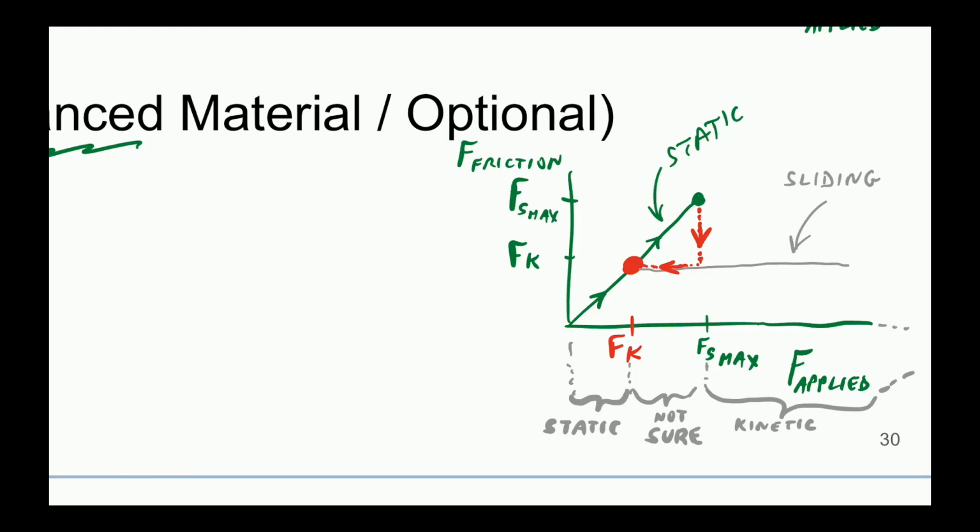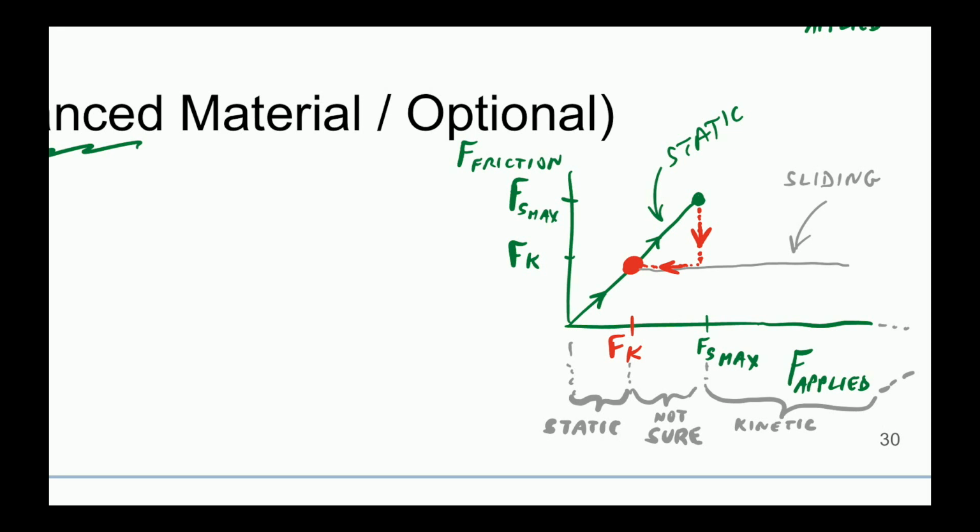What we did in the lab, I've never shown you this, but the action in the lab when you did kinetic friction was you gradually pulled up harder and harder. You were on that green line that I have labeled static up until you reach the point of maximum possible static friction. Then what we never showed you, and read carefully the axis names here, force of friction versus force applied, what happens is the thing starts slipping and suddenly the friction force decreases down to F sub k because it's sliding.